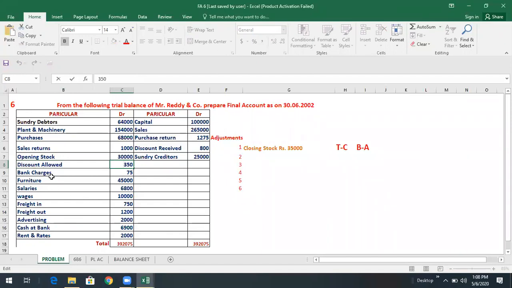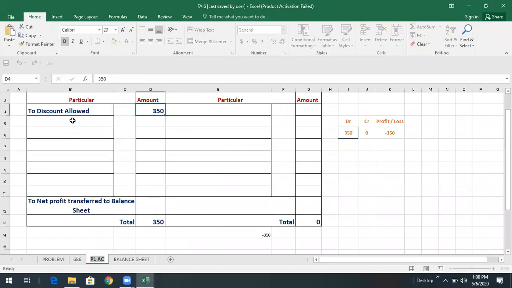Next transaction, bank charges. Bank charges is an expense. So that's why we get it in the profit and loss account debit side.